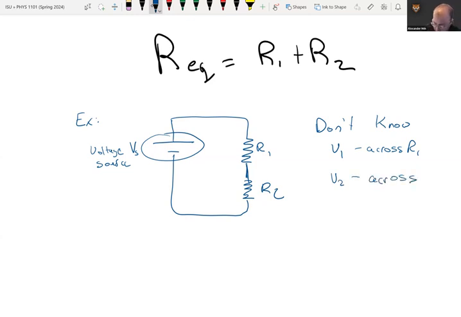But ultimately, and we'll get into why this is the case, we can figure out the drop across our equivalent. If we can combine those into our equivalent, we can use Ohm's law. If we knew the voltage across our equivalent, we could use Ohm's law to find the current, and then we know a lot more about the circuit. So that's why this might be useful.